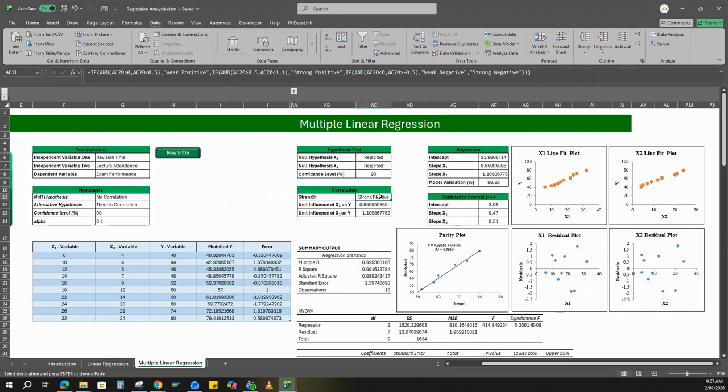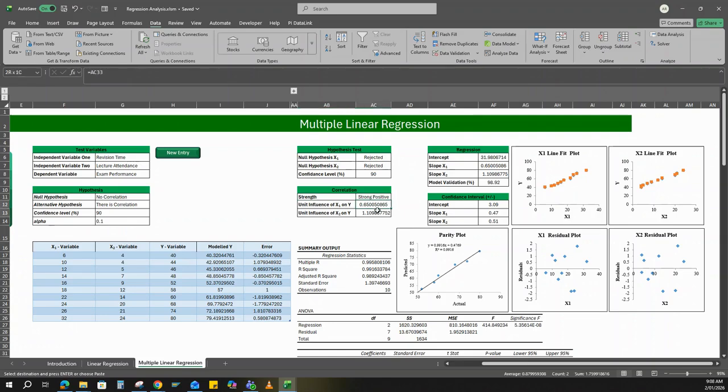And positive means that the two independent variables influence exam performance in a direct correlation, meaning if the student spends more time during revision and is faithful in attending lectures, then obviously the exam performance would increase. That's what positive means here. So the strength of this correlation is strong positive.